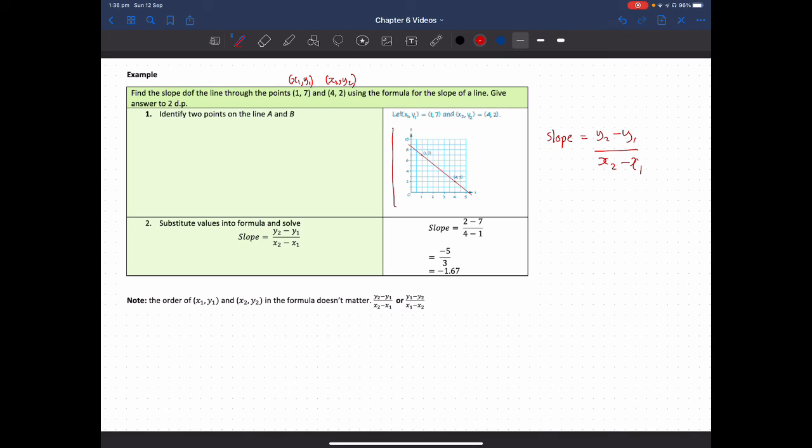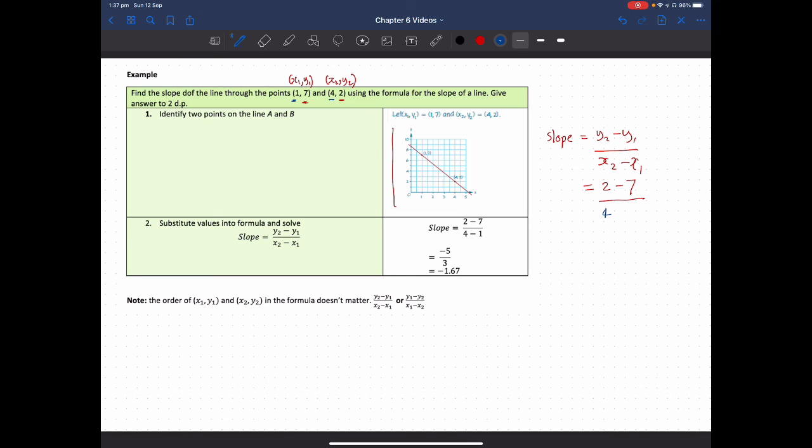So to work out the slope, I need to look at the 2 y values, 2 and 7, and I'm going to go 2 minus 7 over, and I'll change to blue pen, the difference in my x's, 4 and 1.